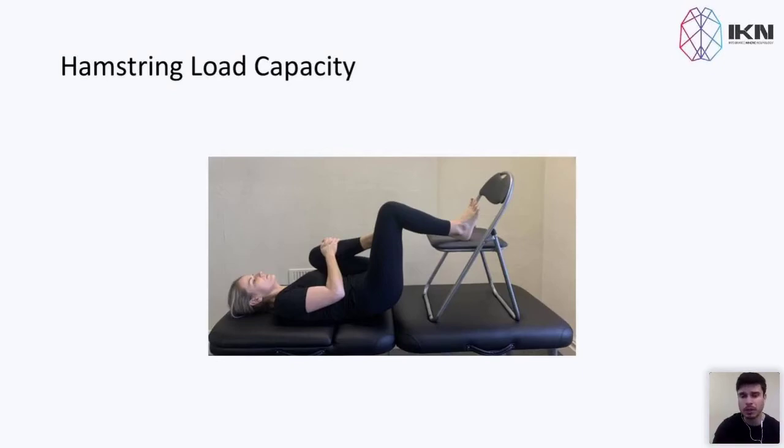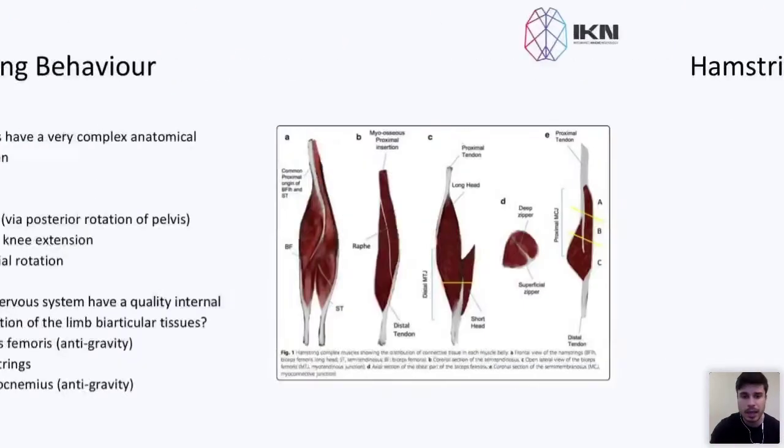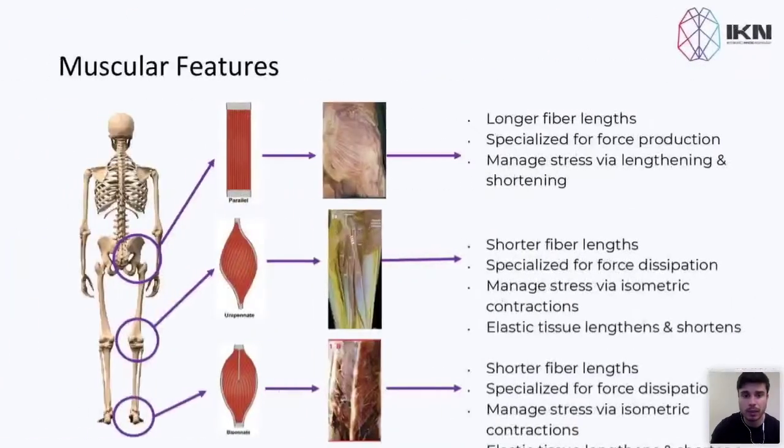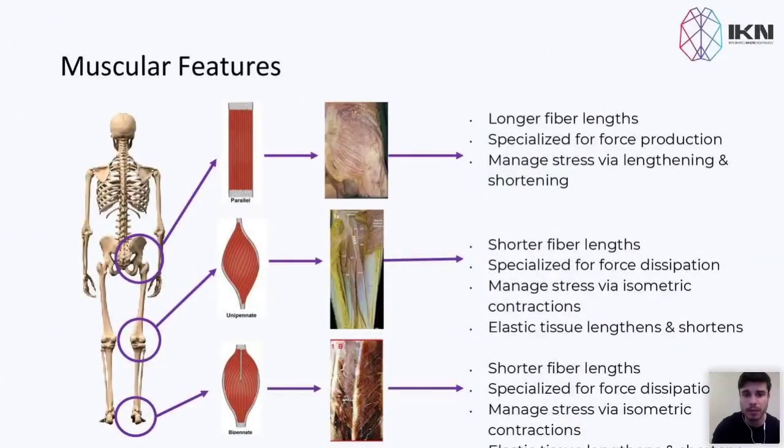But the main thing I want you to consider here is how the muscle architecture of the limb will give us an insight into how the muscles are designed to behave, right? Because if you think about it, the glute is not designed to behave the same way as the calf, right? Because if that were the case, then we wouldn't really have a lot of adaptability in the body.